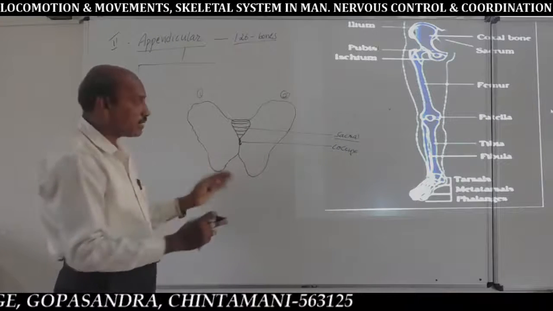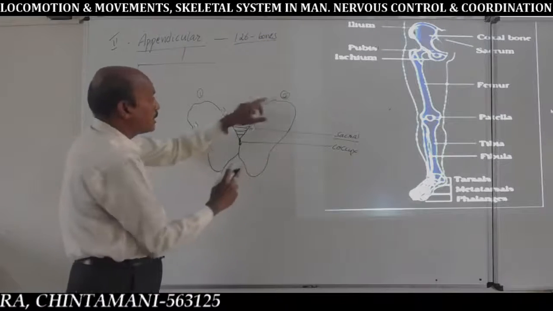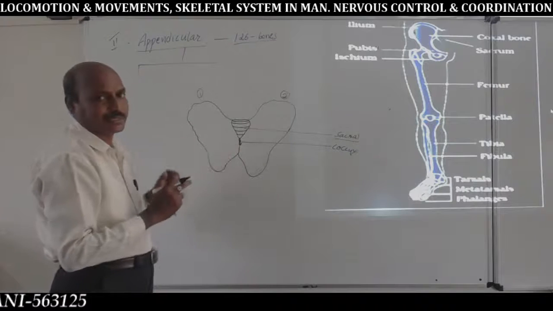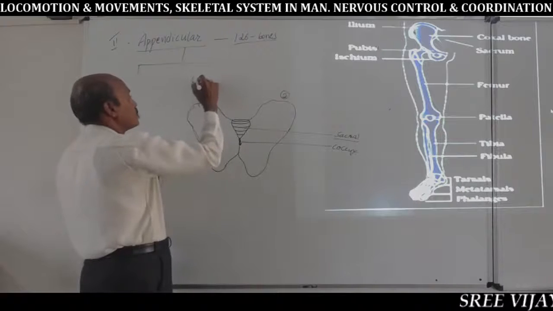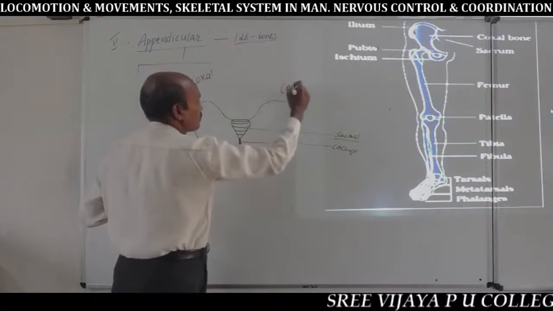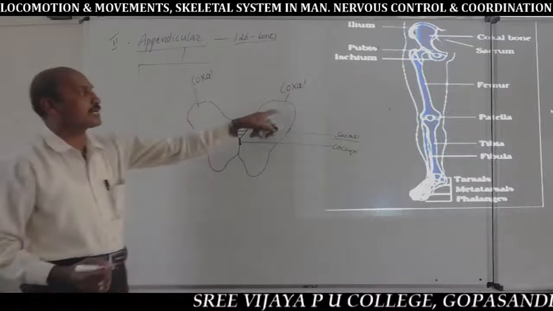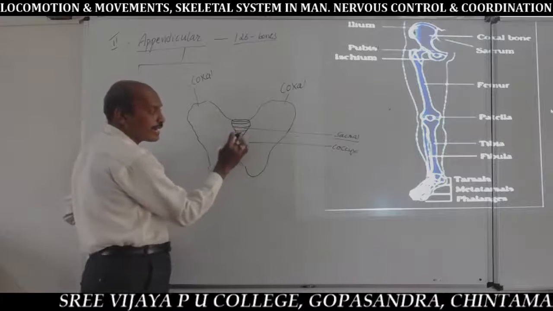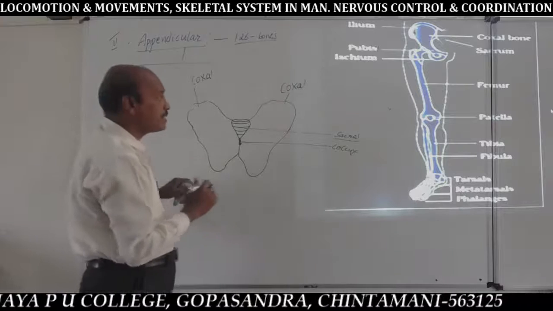In the pelvic girdle, we have to consider only two bones present on either side of the sacrum and coccyx. Such two bones are called coxal bones. These are the coxal bones present on either side of the sacral and coccyx bone.